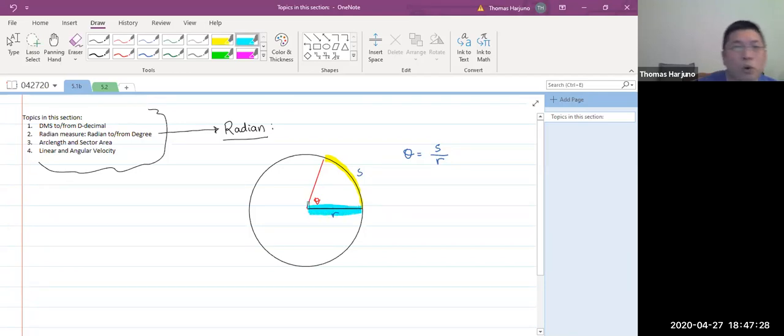So the radian measure is the arc length subtended by that angle divided by the radius. That's radian measure.